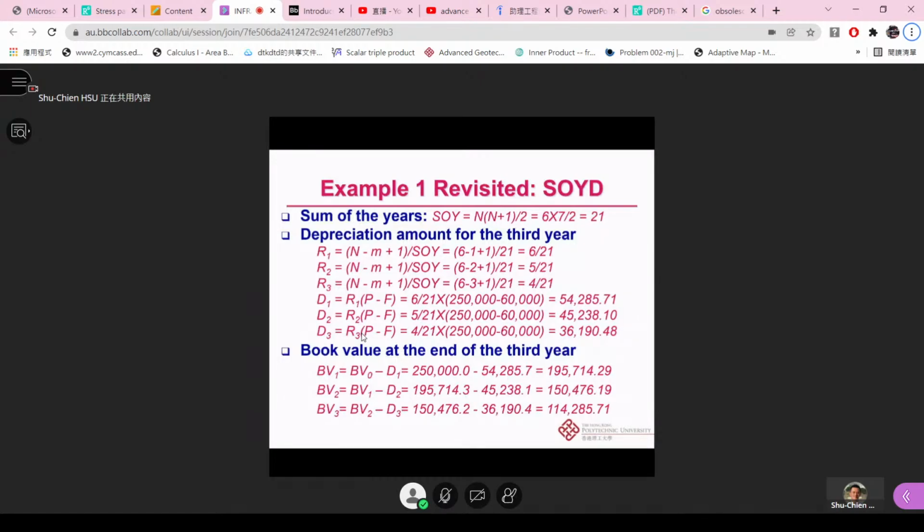In the beginning, it will depreciate faster because the weighting is higher. Here it is 6 out of 21, but the second year is reduced to 5 out of 21.